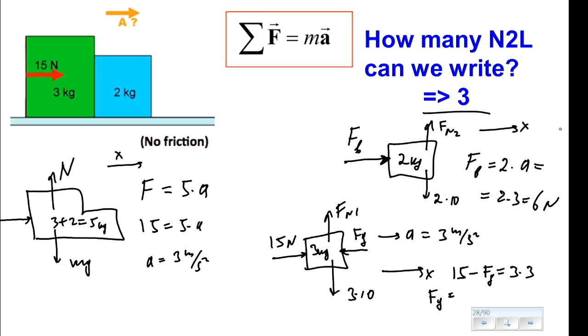Turns out this force is 6 newtons. Doesn't surprise us at all. Newton's third law tells us that when two objects interact, the forces they exert must have the same magnitude. The force from green on blue must have the same magnitude as the force from blue on green. We just have it proved. That's it.